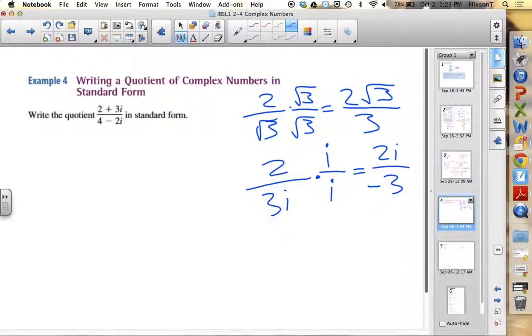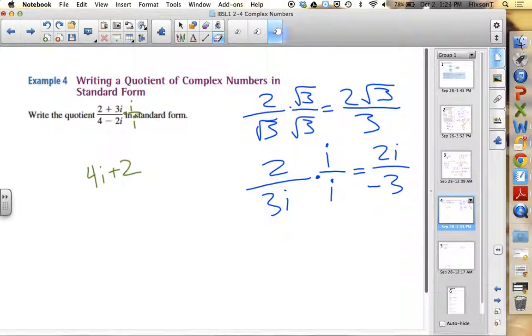Now, the problem is, when we're dividing by a complex number, if I were to multiply this by i over i, now the 4 has an i, and I'd have plus 2. And if I tried it again, I would just switch back to this term, and we could keep passing it back and forth, forever. 4 plus 2i.